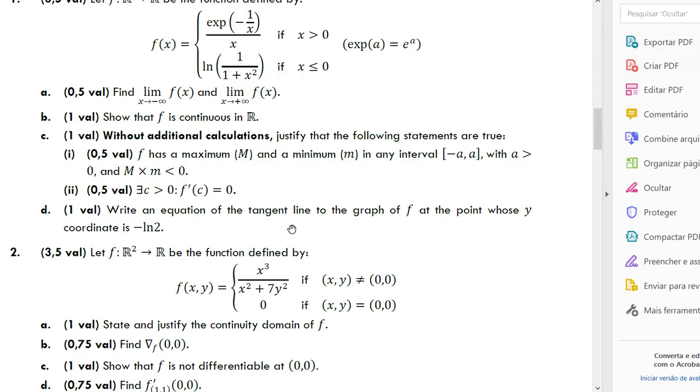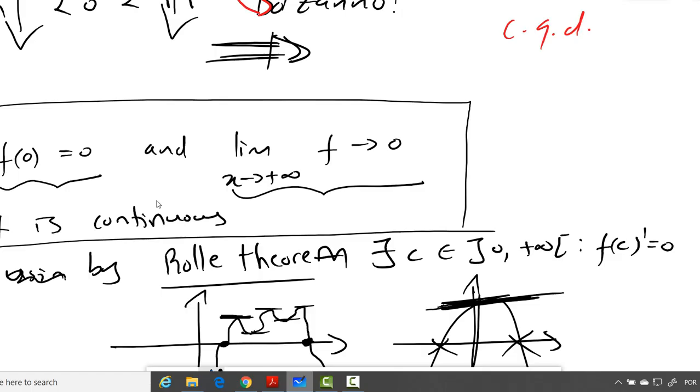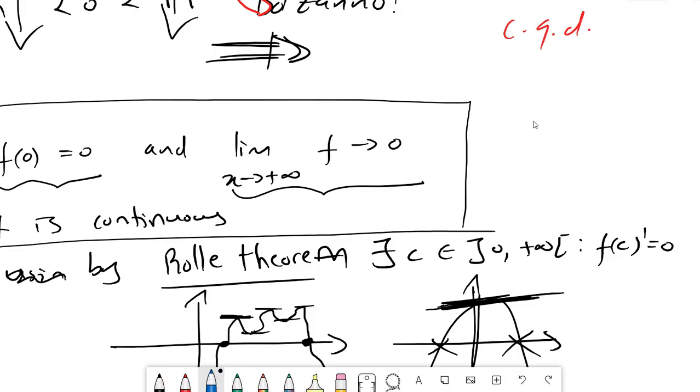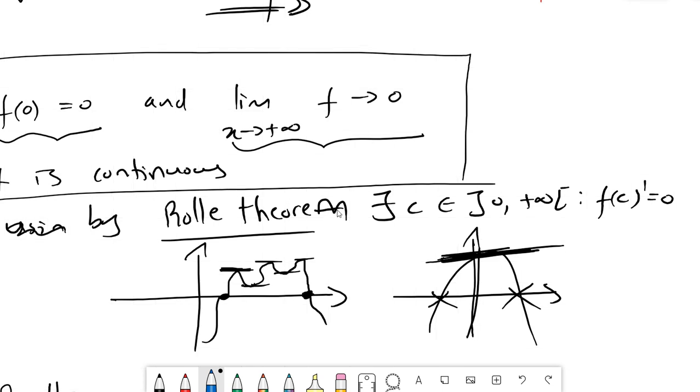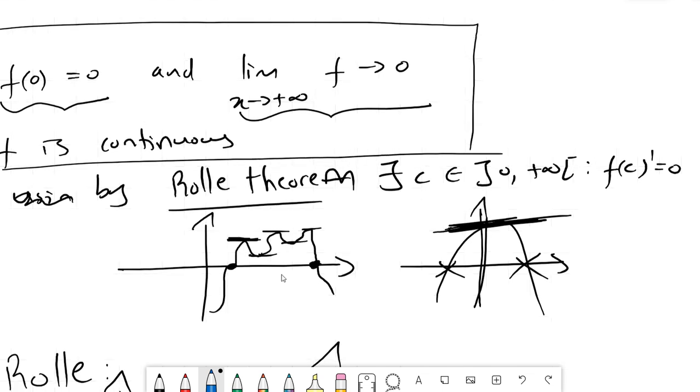Last question. We have to prove that there is a positive C where the derivative is 0. Well, we can use the Rolle theorem, right? The Rolle theorem says that between two zeros of the function, there is at least one zero of the derivative, and between two zeros of the derivative, there is at most 1 zero of the function.